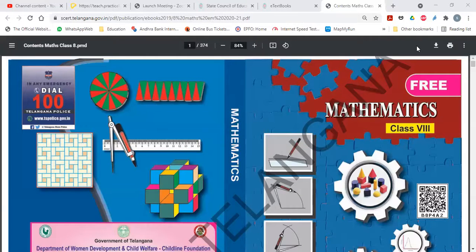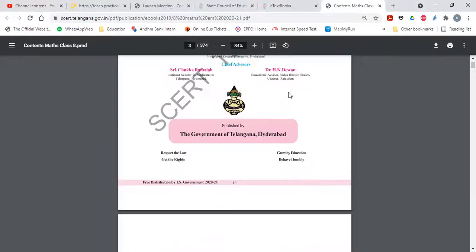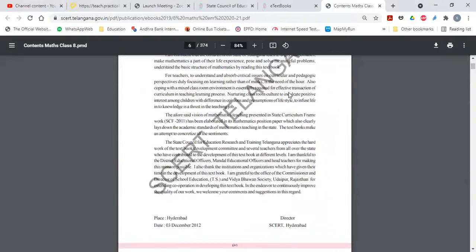Yes, properties we have seen, right? So now, wait a minute.